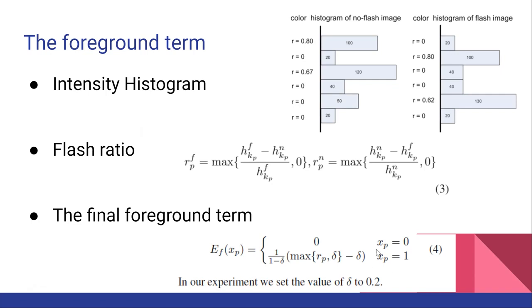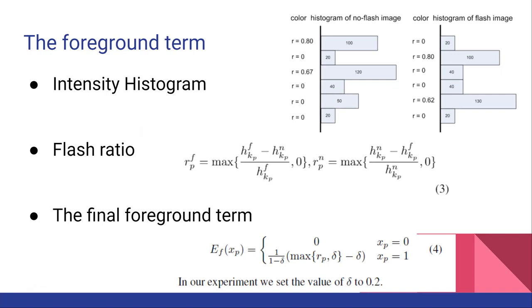And for the final foreground term, if we classify a pixel as foreground, so xp equals 1, there is some punishment, an energy value we have for the ratio.